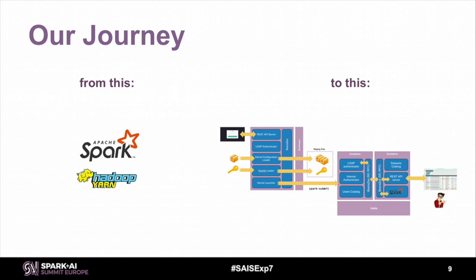Our journey started from basic Spark, Hadoop, and YARN, and evolved into an interactive set of applications, having a REST server, security, and then writing applications, all through an interactive model.